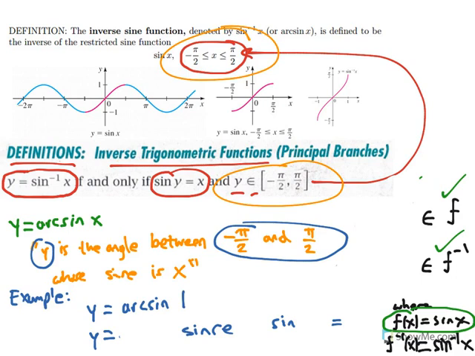What is the angle between -π/2 and +π/2 whose sine is 1? The angle is π/2, since sine of π/2 is equal to 1. So for the sine function, we have the ordered pair (π/2, 1), and for the inverse sine function, we have the ordered pair (1, π/2).